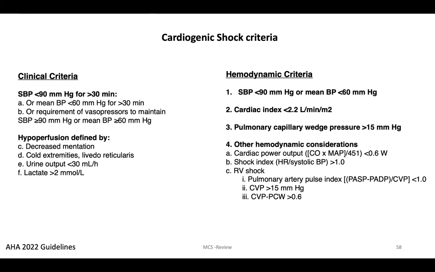You need to know that definition, and you need to know how to calculate cardiac power output, because it's a relatively new parameter to assess hemodynamics of patients. And also the parameters related to right ventricular function, as we already saw previously in the setting of VAD.